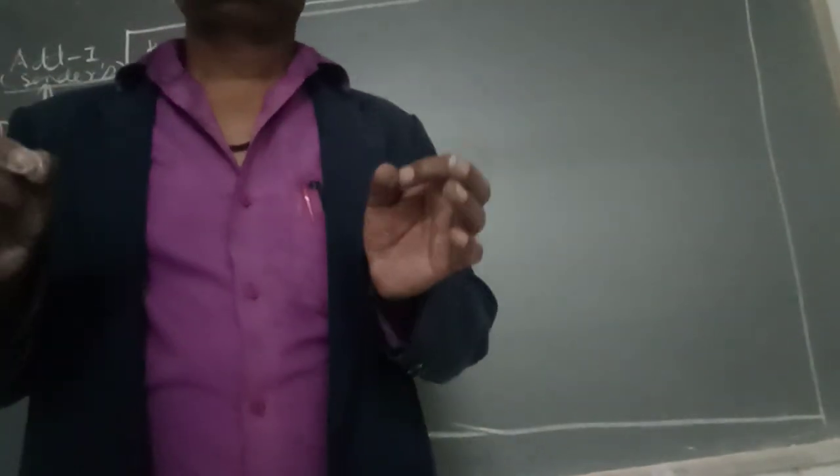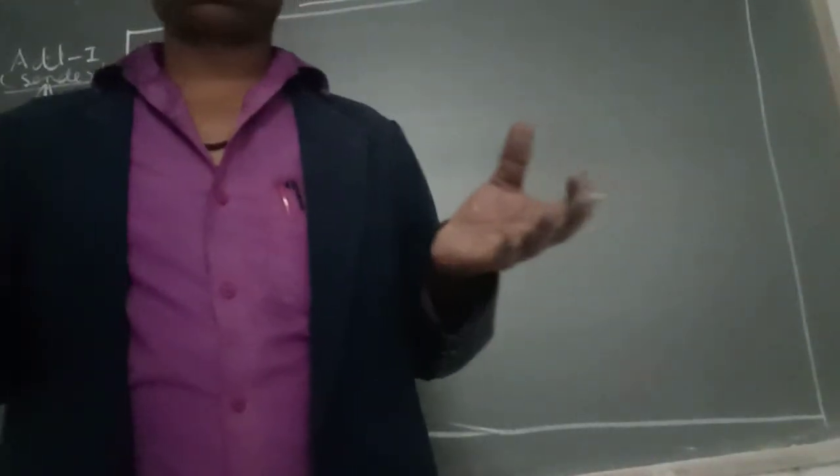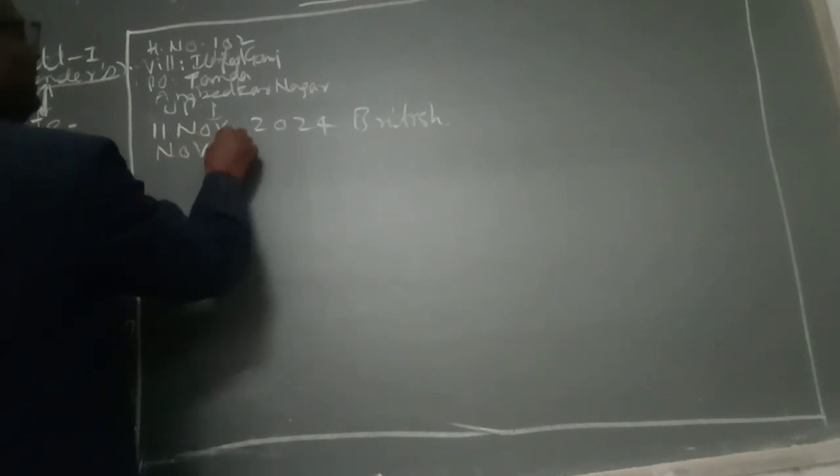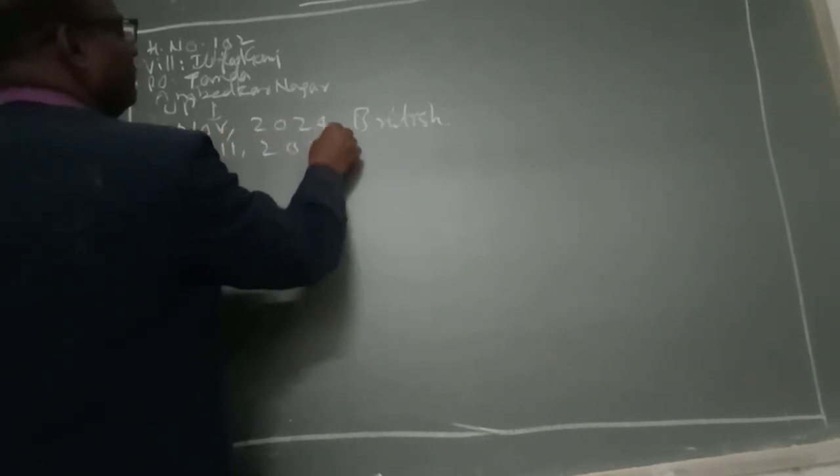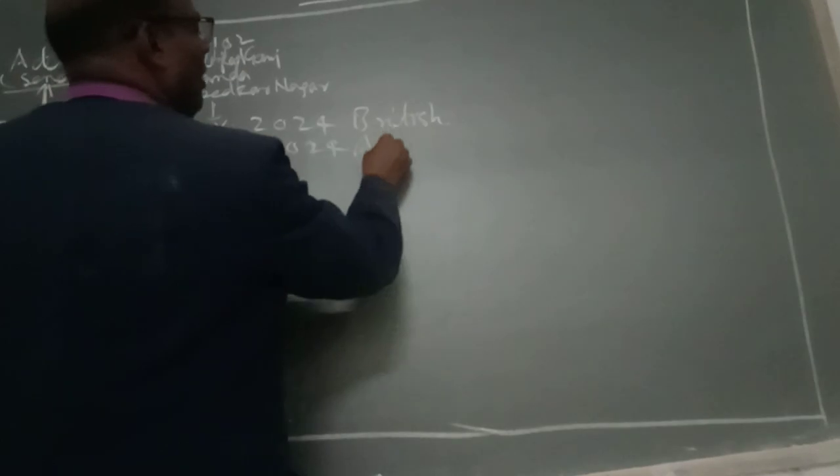Let me tell you that we have 3 methods of writing dates. First is 11 November 2024. This is known as British. Again we have, if you write like this, November 11, 2024. This is American.